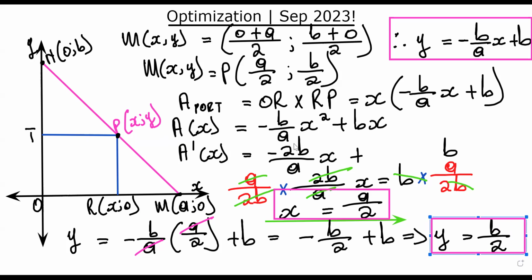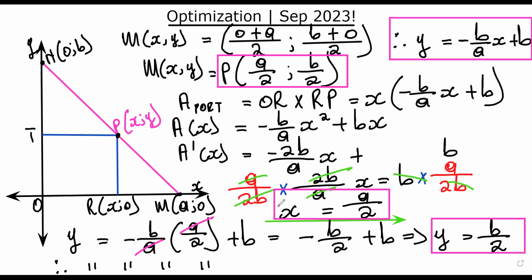And if you give this point a good look, it's actually the point P. So now you can conclude and say, therefore, the maximum area of the daughter's land will be where P is the midpoint of the boundary MN.